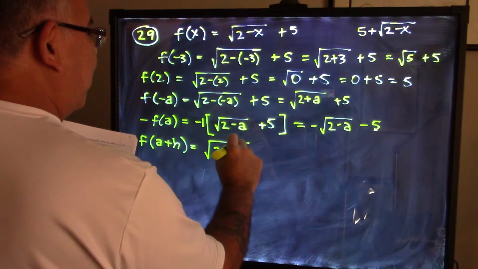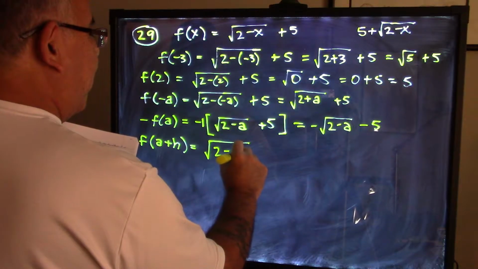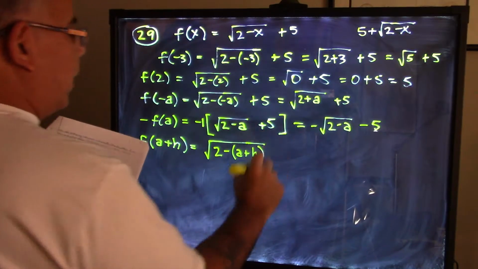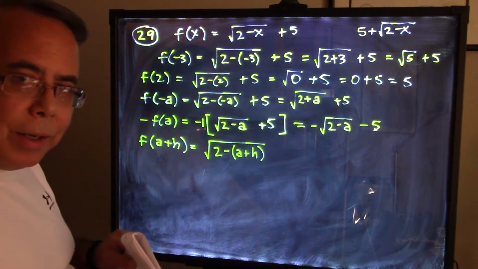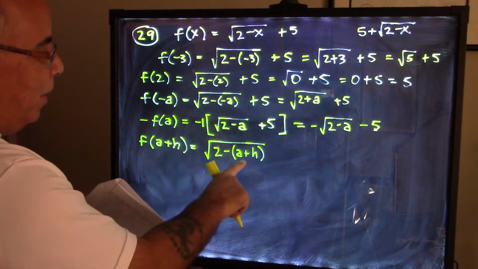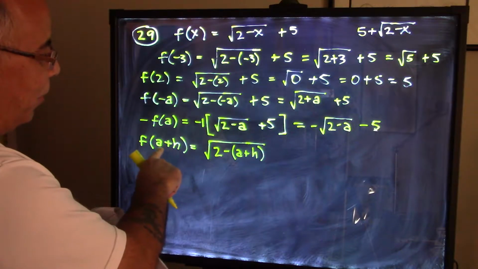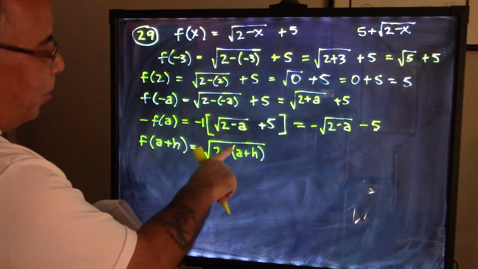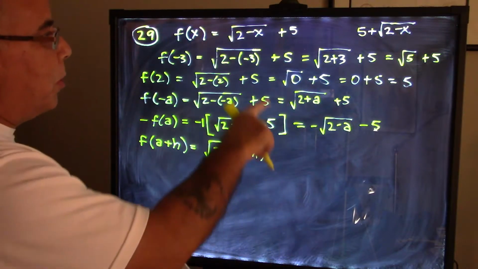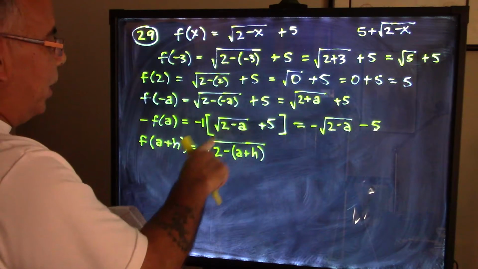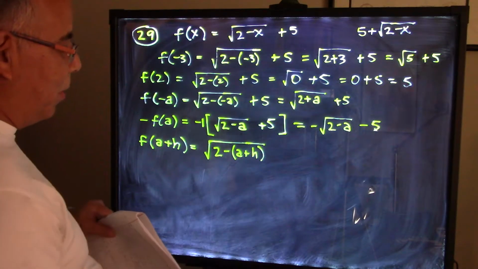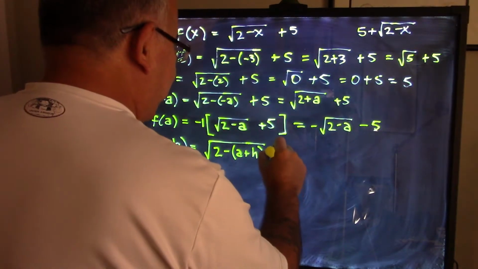So minus parentheses a plus h. Just like that. Again, that's where the x went before in the formula. But instead of x, you're putting in all of that, a plus h. So put the parentheses around it because you're subtracting all of this. You were subtracting the x, but the x here has two terms, so you're subtracting all of it. So that's why you put parentheses around it. And then plus 5.